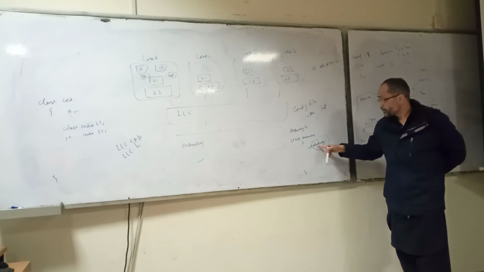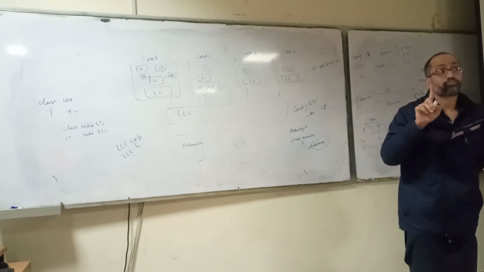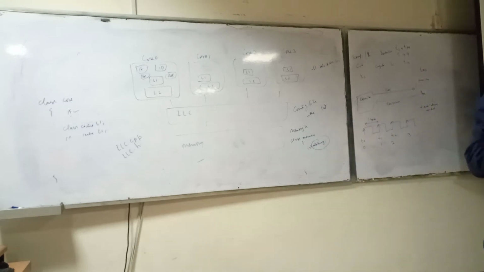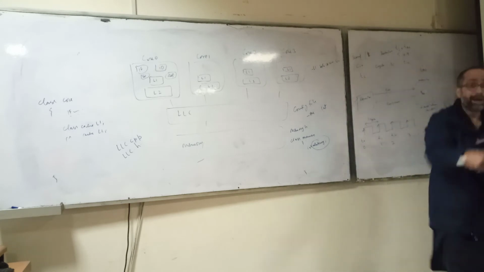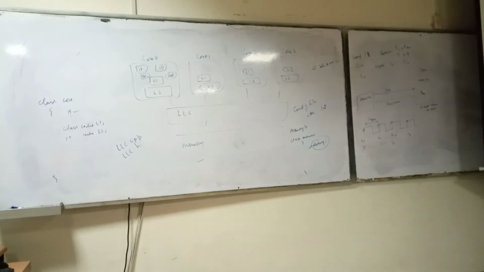And when should this access latency be initialized? When an object of class memory is instantiated. When will that be instantiated? When you call the function, when you are assigning values to a variable in C++.